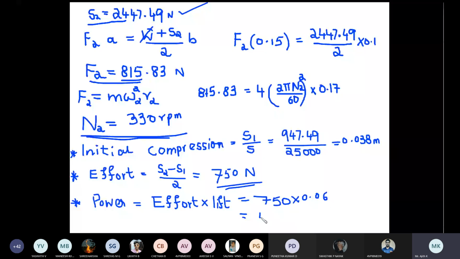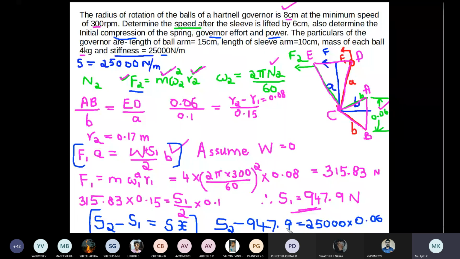We'll quickly summarize how we solved this problem. You should know how to construct this diagram, and also how to take moment about the pivot point. These two things are very important. And also you should know how to consider two similar triangles in this diagram.